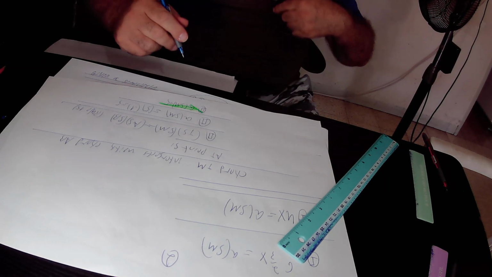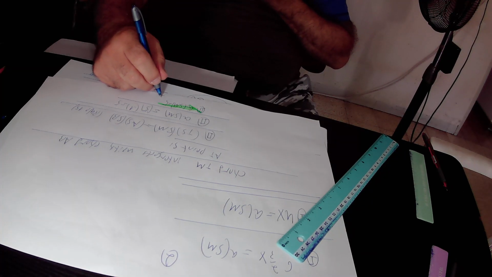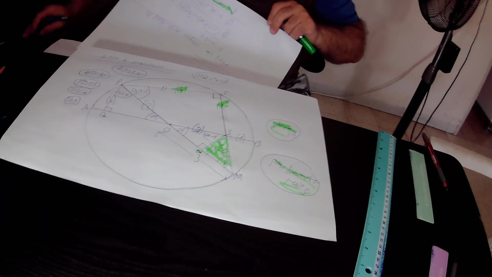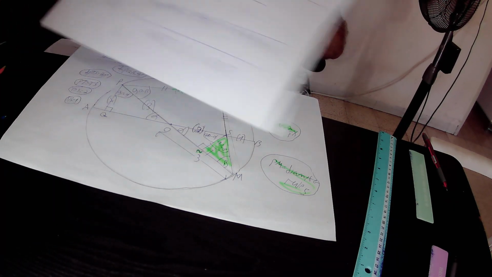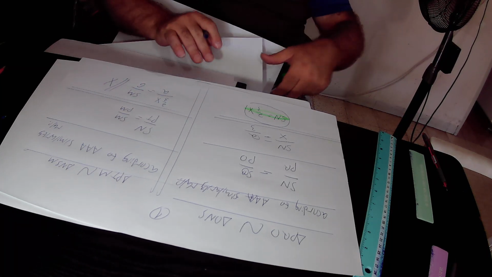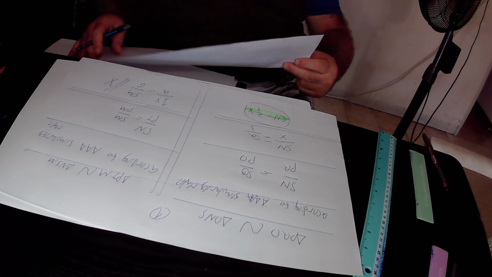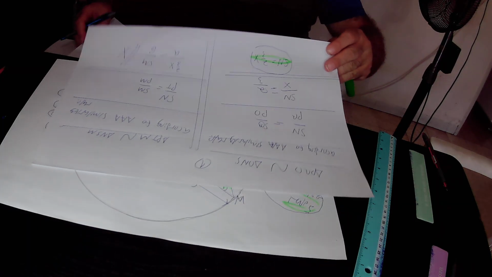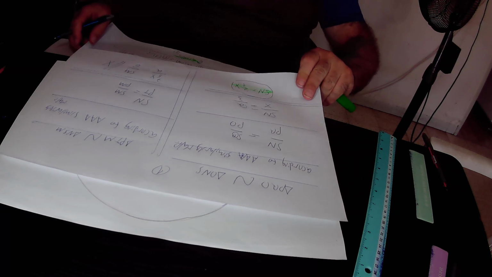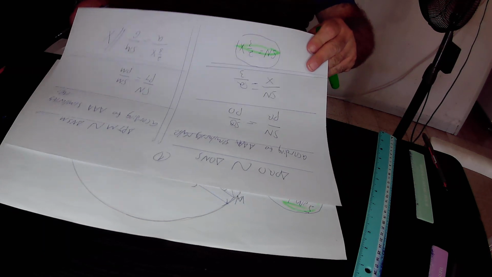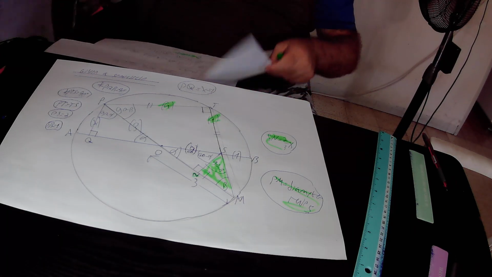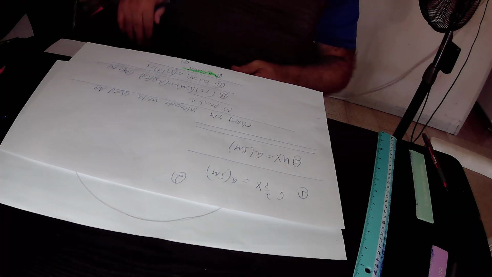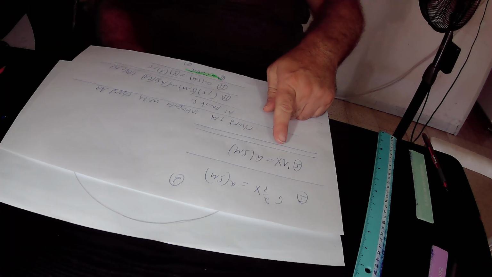Well, according to equation 1, we already found out that A times SM equals 4x.